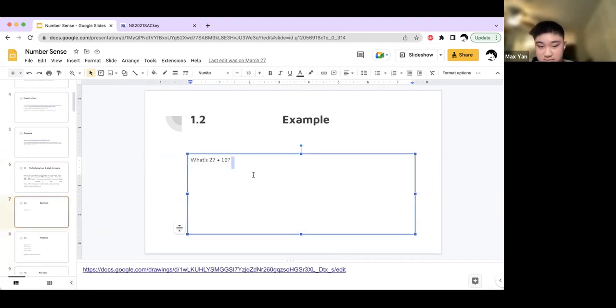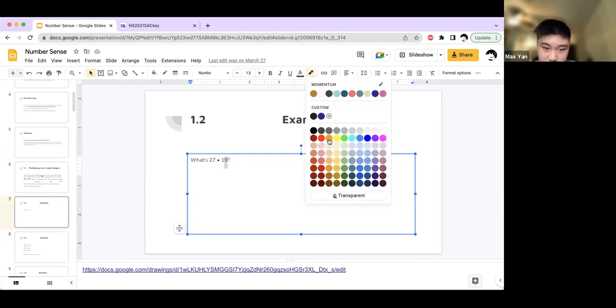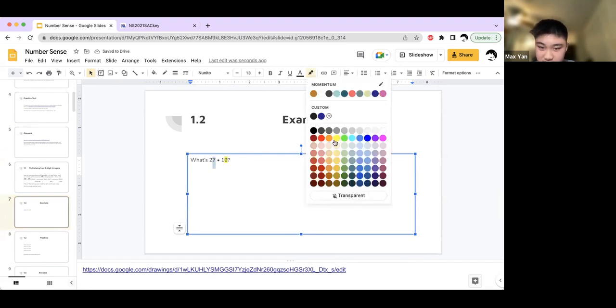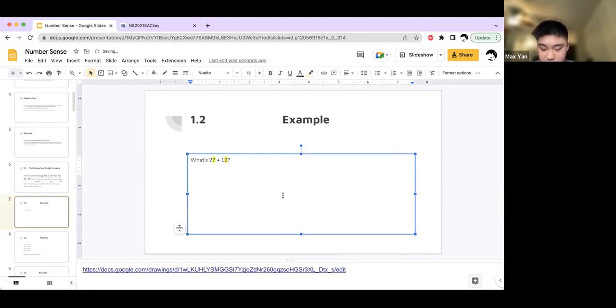Right, so you have 27 times 19, and the way you do this in your head is you first multiply the ones digits. And this is using the property of FOIL. So, 7 times 9 is 63. You should have known that from your times table.